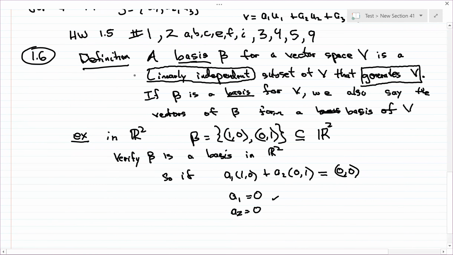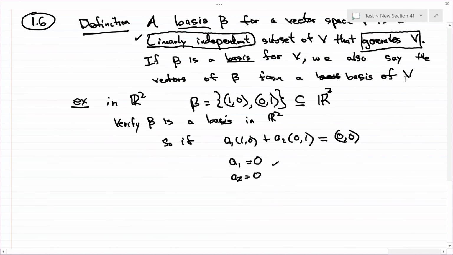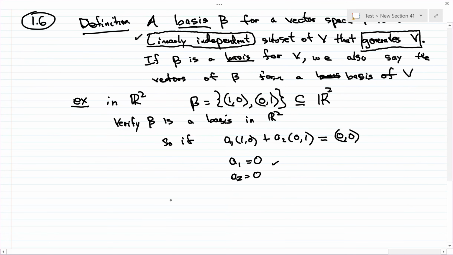So this is true. Now, what's the second part that we have to verify? These two vectors generate V. What does that mean? That means if you were to take any linear combination of these, you can get any vector you want. So what do the vectors in R2 look like?